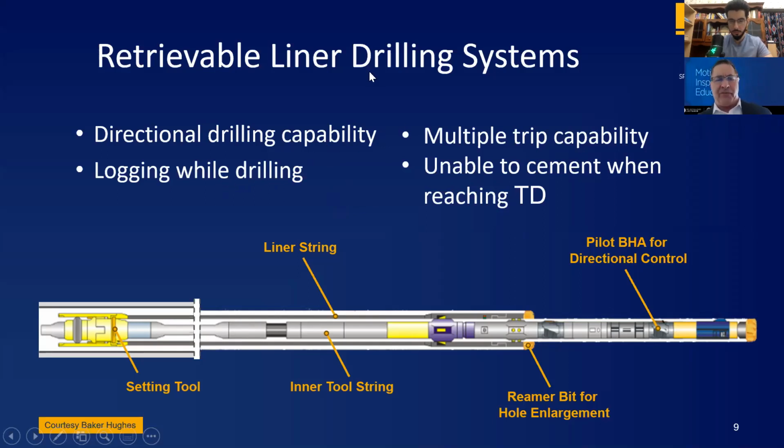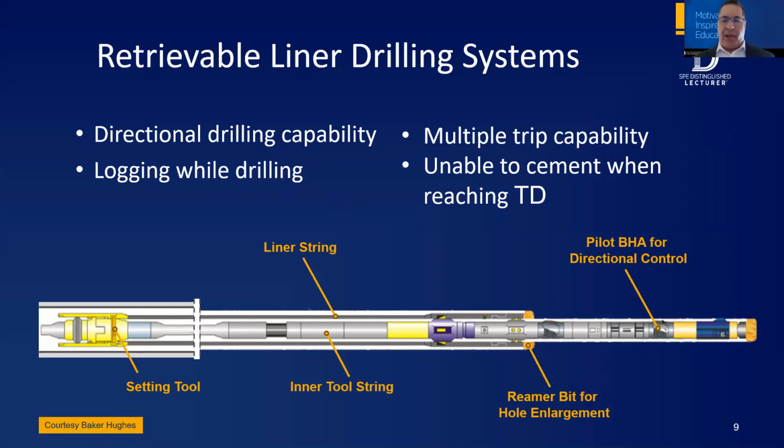Another advantage of the retrievable liner systems is multiple trip capability. Say your MWD or motor fails, you can pull this out of the hole and rerun another BHA. So there's pluses and minuses. You just have to know what your application is.